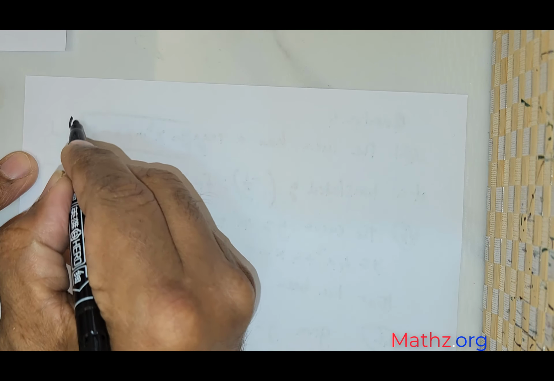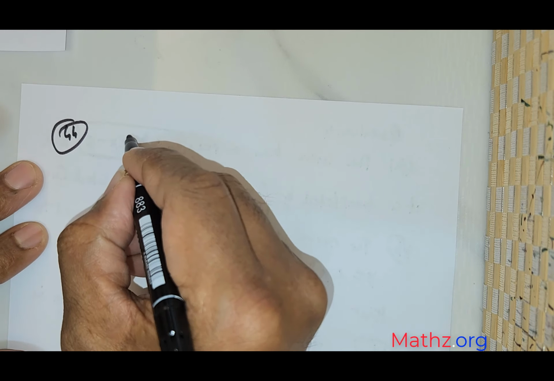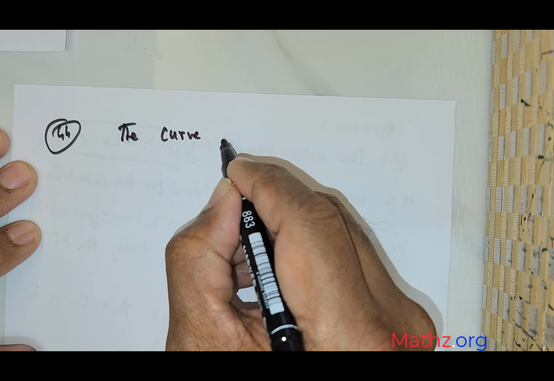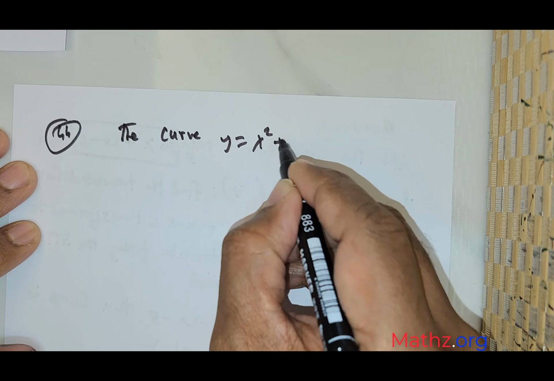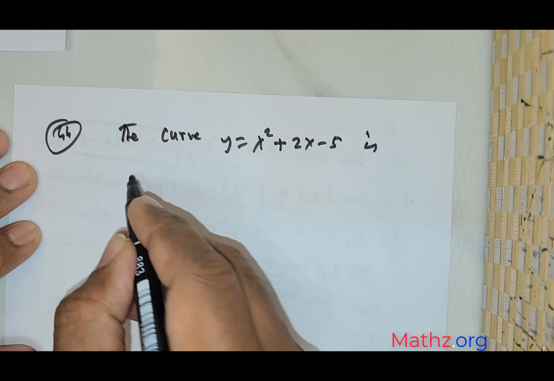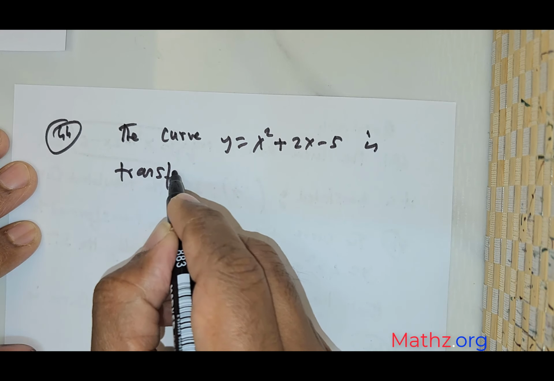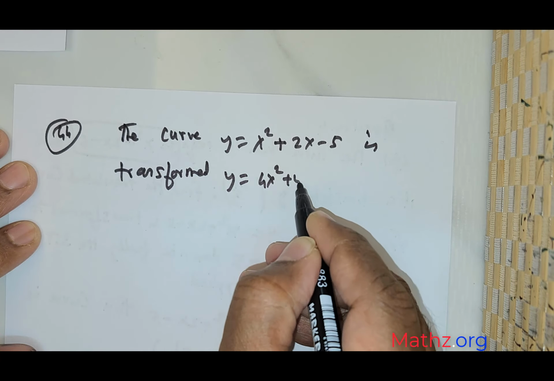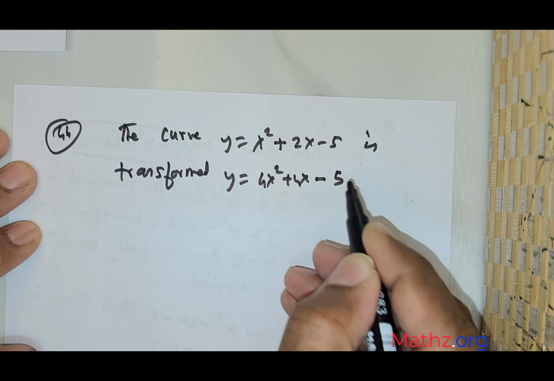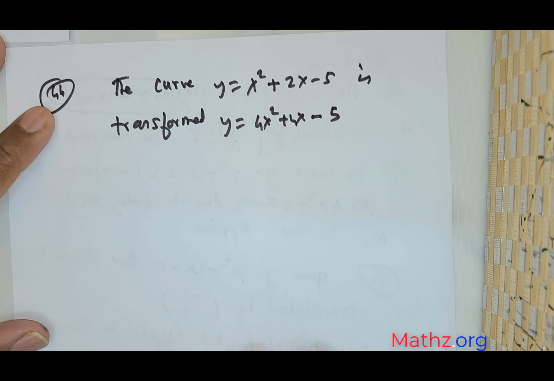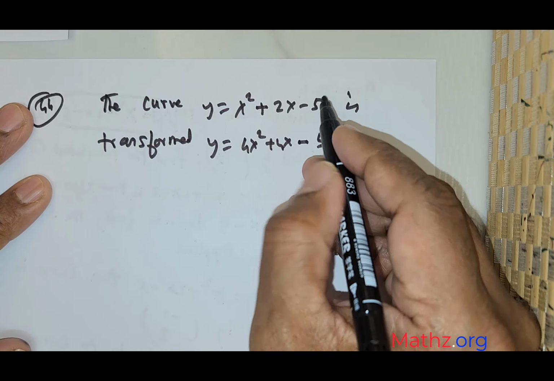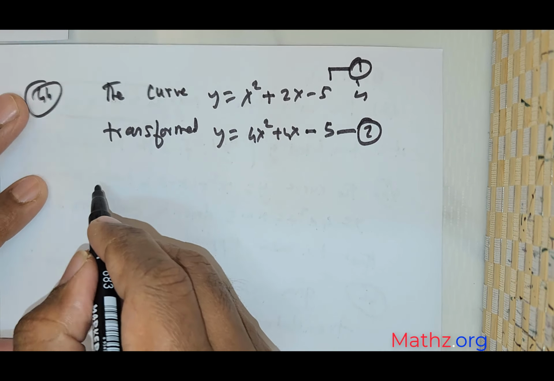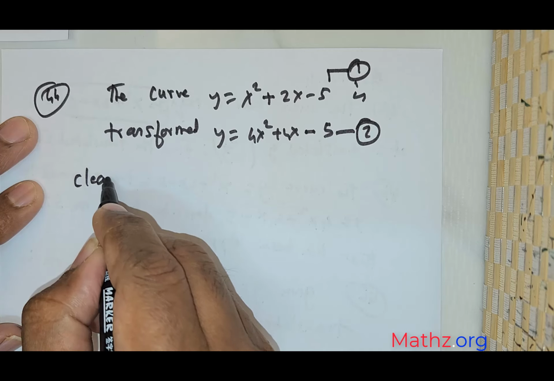Okay, this is 4b. Now what are we observing here? The curve y = x squared + 2x - 5 is transformed to y = 4 times x squared + 4x - 5. This is the first curve, and this is the second curve. So clearly what do we see?